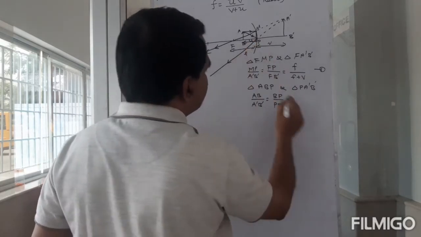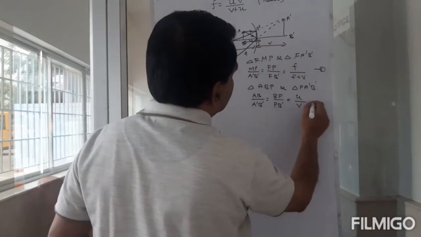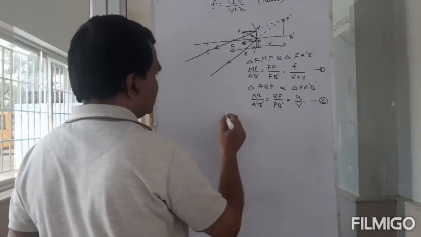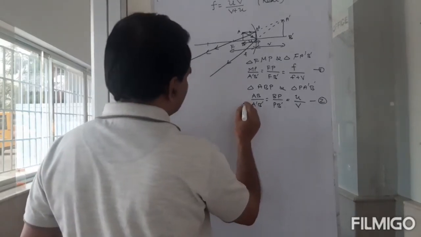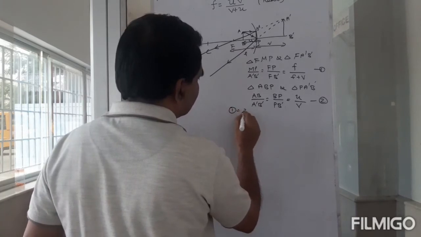So what is BP? BP is U and PB dash is V. So that is 2. So 1 is equal to 2.